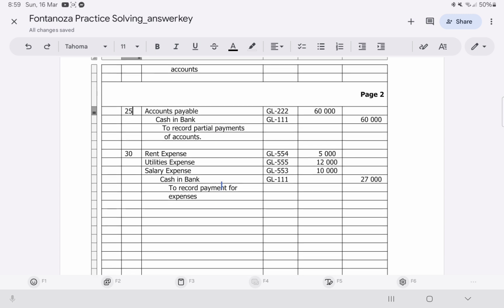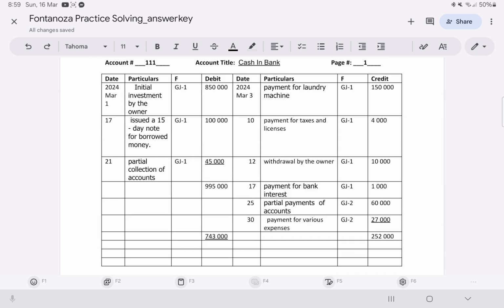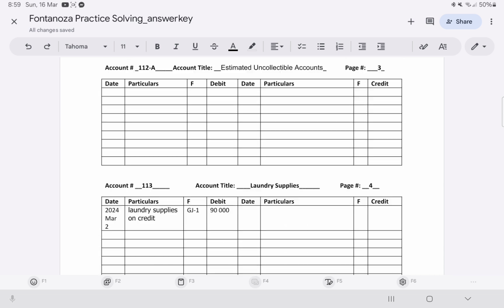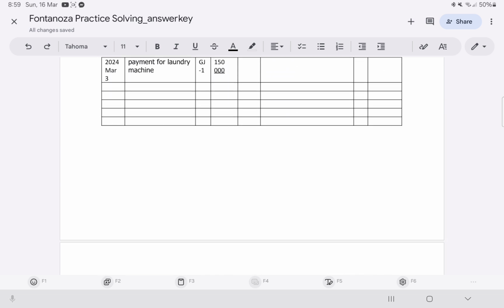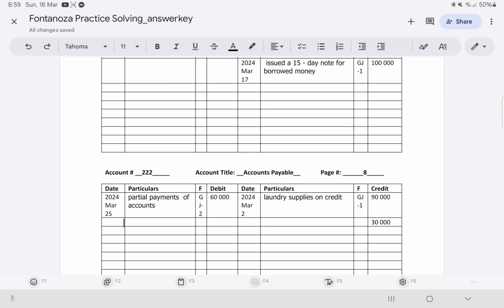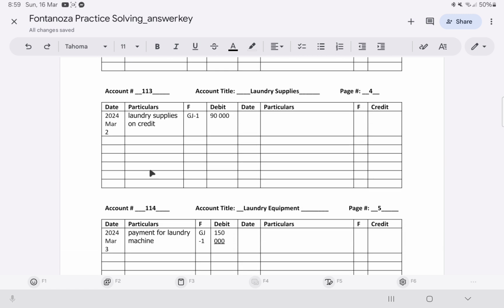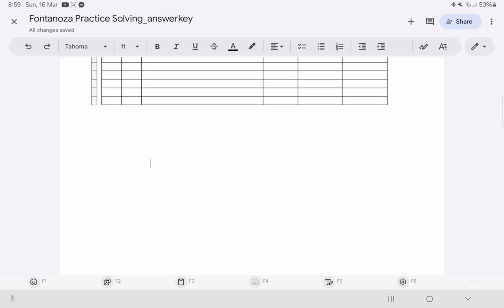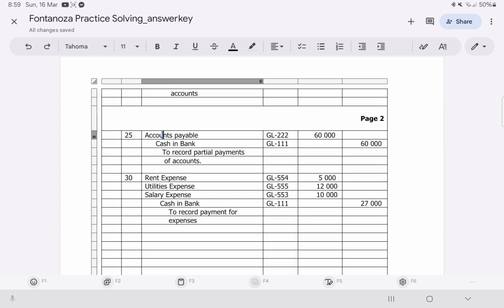So in accounts payable, find the accounts payable accounting title. Okay, so is this debit or credit? So go back to the problem. Okay, so debit accounts payable, credit cash in bank.